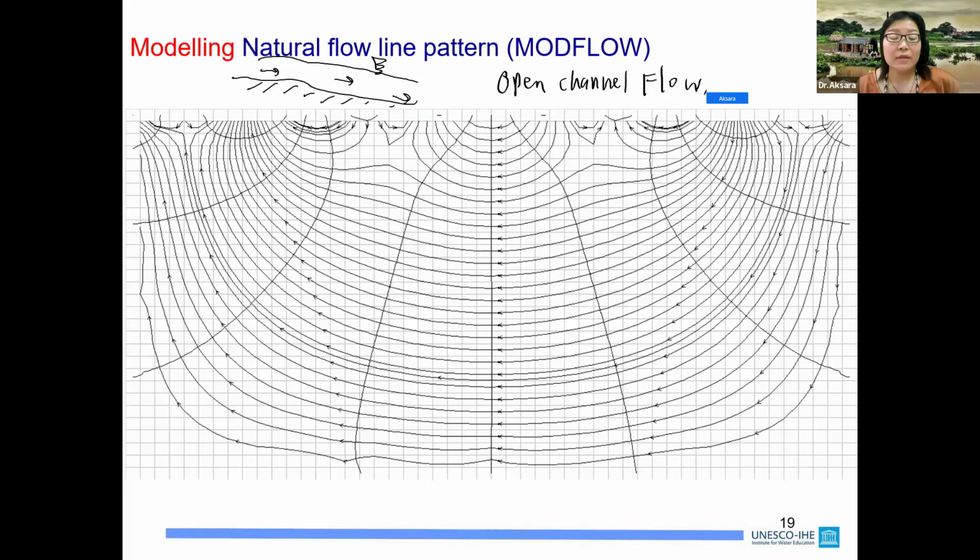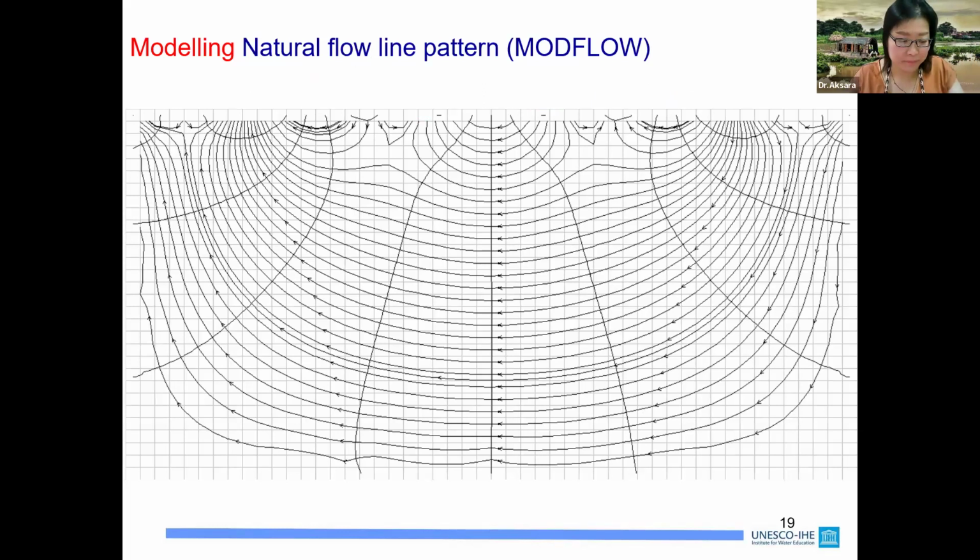I'm just going to use a blank space to draw a bigger and better picture.